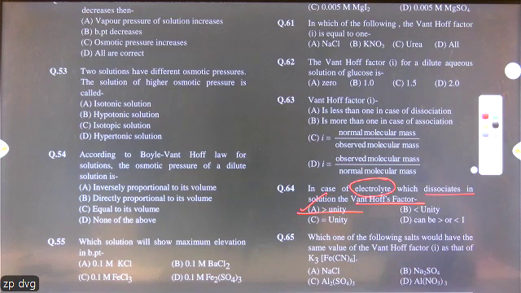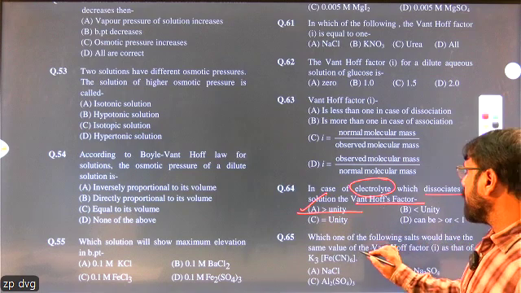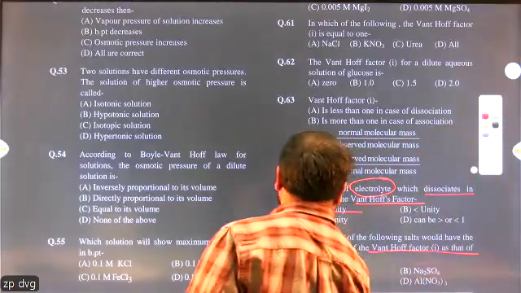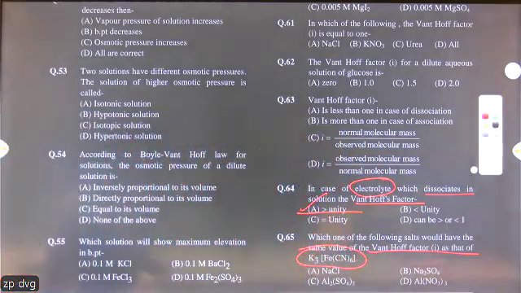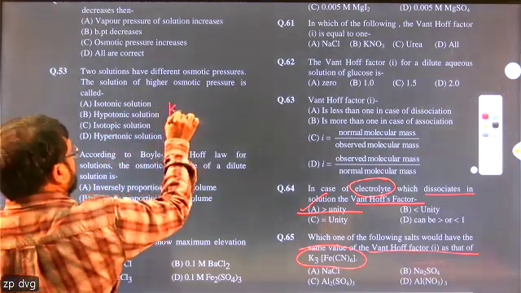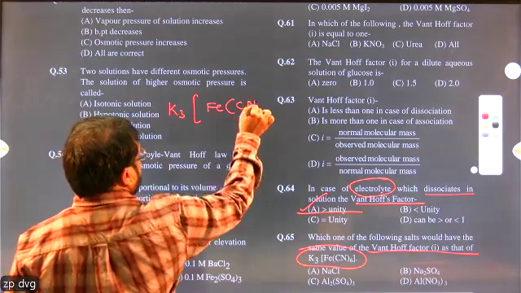Next one. Which one of the following salts would have the same value of the Van't Hoff factor i as potassium ferricyanide, K3[Fe(CN)6]?